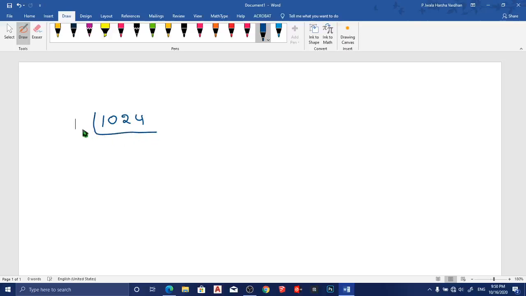Take the prime factorization. Prime factorization means, what is the smallest prime number? 2. Prime numbers start from 2. So try with 2. Will it be divisible by 2 or not? You can check with the divisibility rules. The last digit is 4 here. You know that if the last digit is 0, 2, 4, 6, 8, it is divisible by 2 because it is an even number.